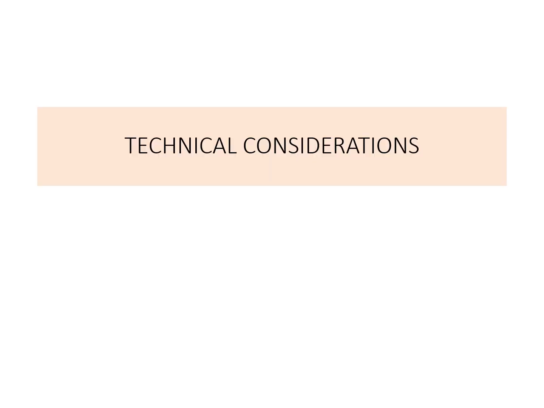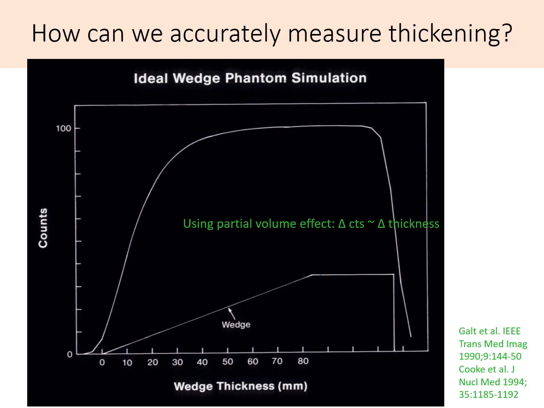Let's talk more about the technical considerations. Going back to the partial volume effect and how we said that we can measure thickening so reliably, you can see here that we're not actually looking at the movement of the endocardium or the epicardium. We're looking at the count changes within the left ventricle.